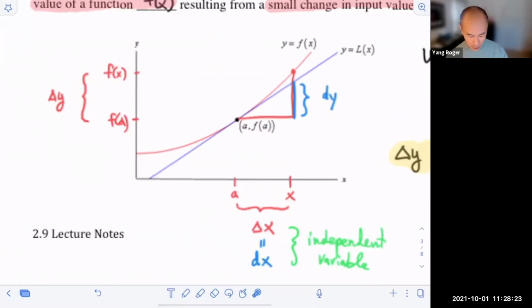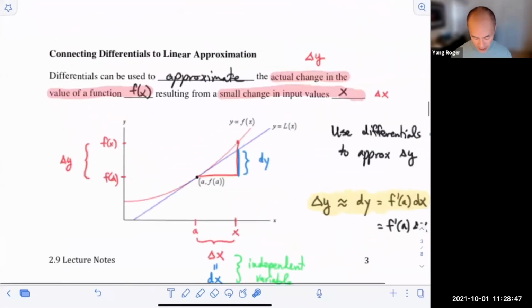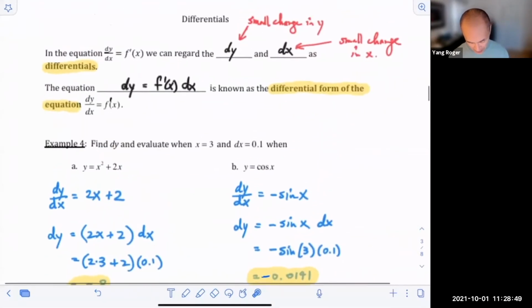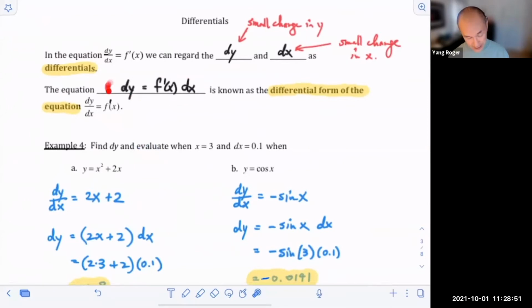Now I can find the true change just by subtracting. So the length of this red line here is the true change. We call delta y the true change. But I can approximate this red length with this blue length, and this blue length is the differential dy. And I can calculate this blue length just by calculating the differential like this.